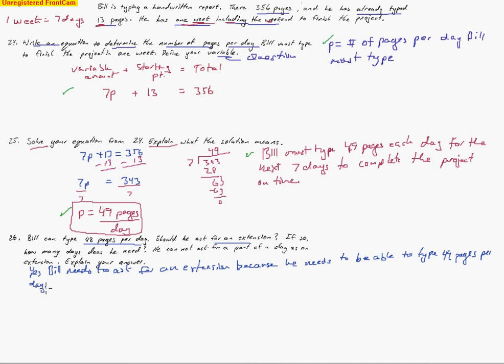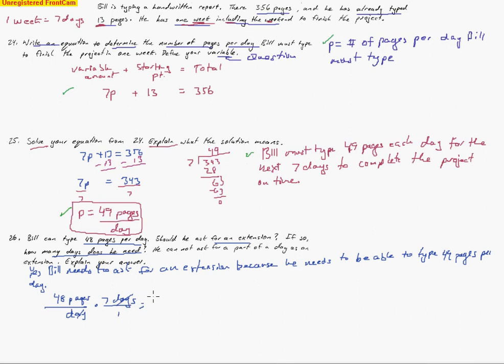Alright, so we explained that part. Now they're asking, if so, how many days does he need? So how many extra days does he need to be able to do the job? Well, let's say he can do 48 pages per day, and he's got 7 days to do the job. The days will cancel when I multiply, and I'm left with pages.